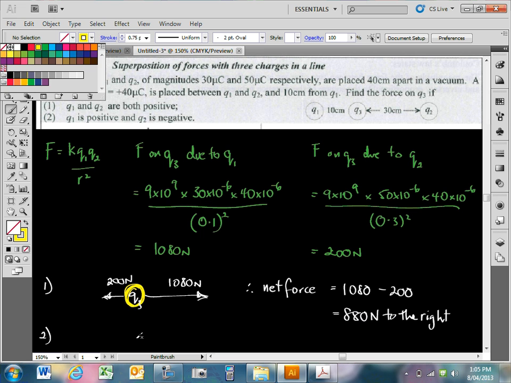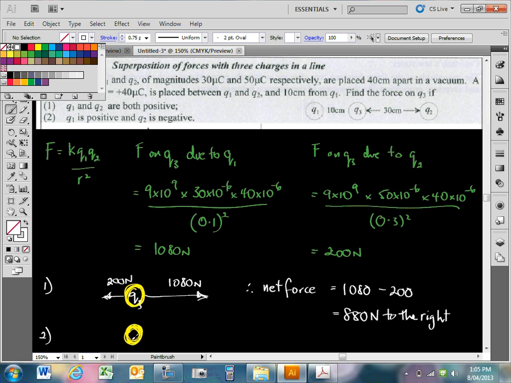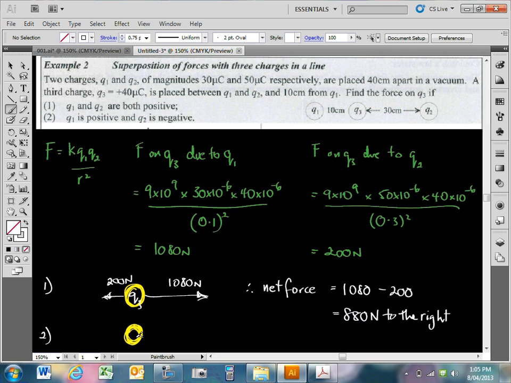Part two has Q3 again. This is our Q3. I know it's a bit hard to see. Q1 is positive, so like before, our force from Q1 is going to be 1,080 newtons. That's meant to be a straight line. And Q2 is negative. It's going to be attractive, isn't it?